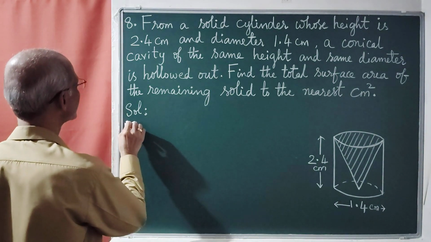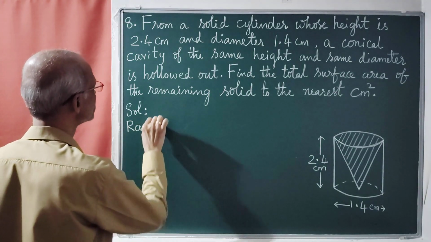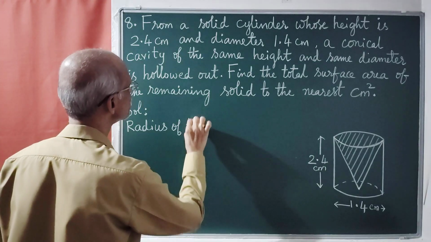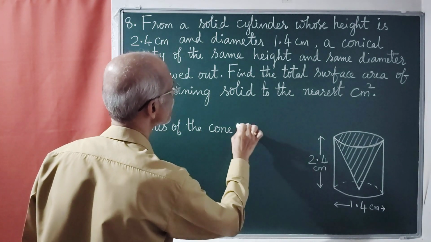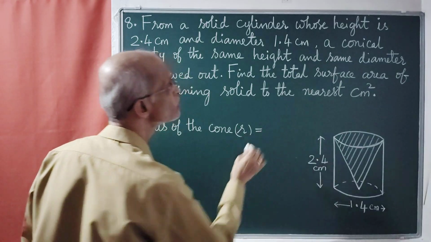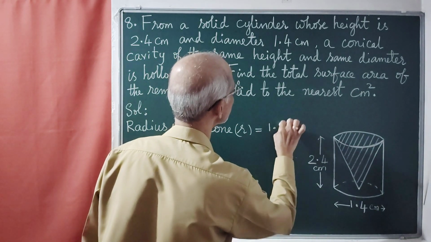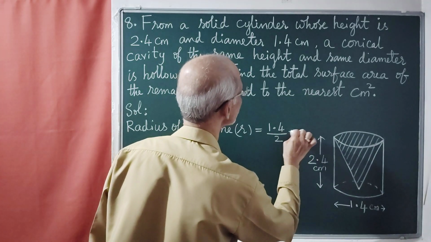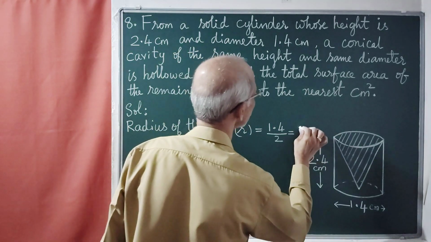So radius of the cone, R equal to 1.4 divided by 2. So what we get? 0.7.